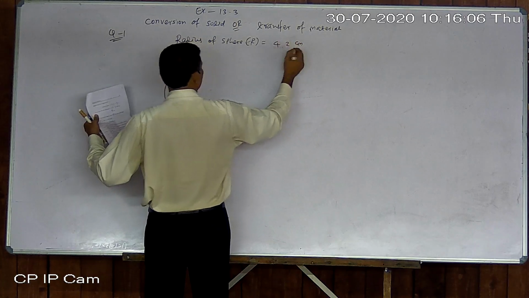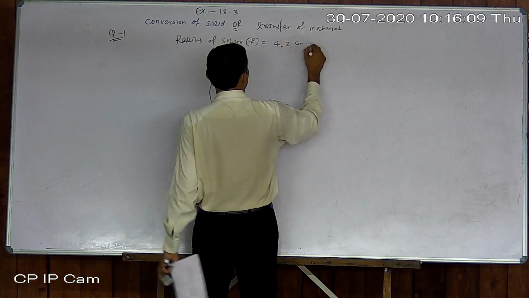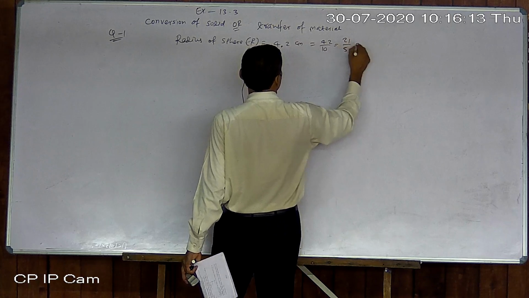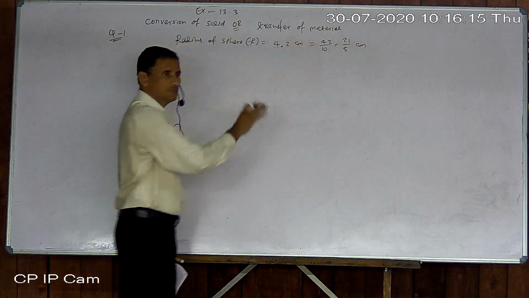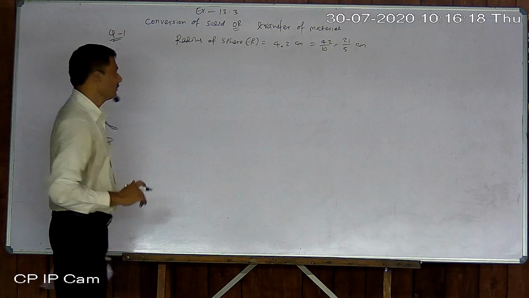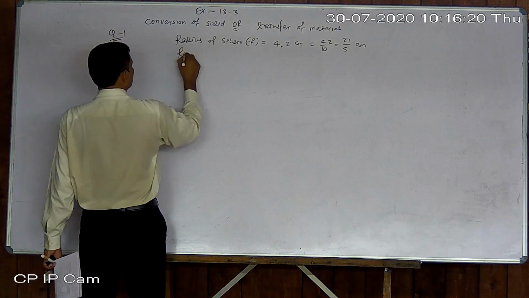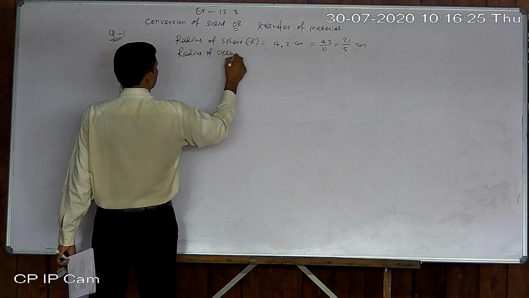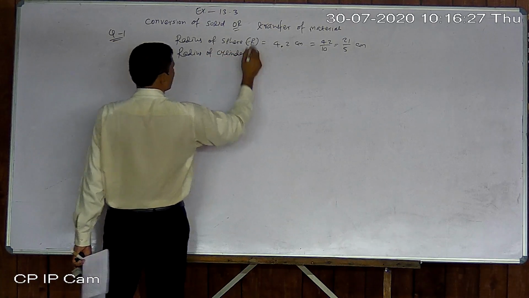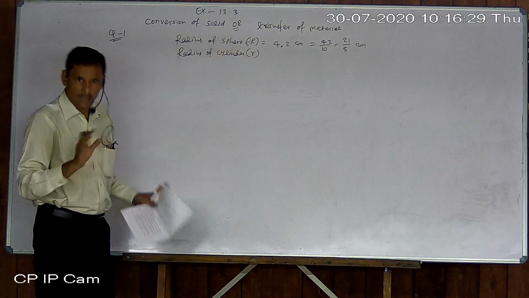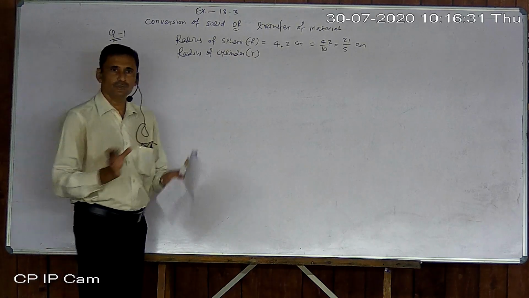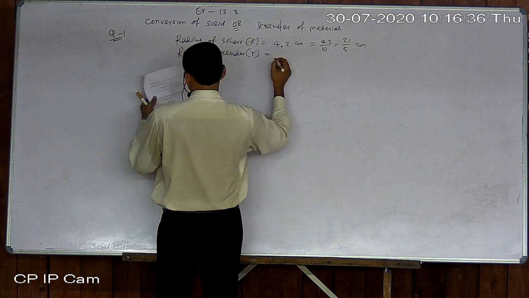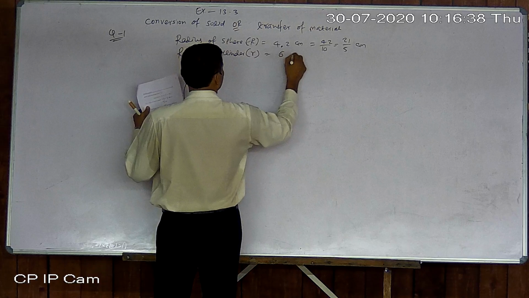If you want to convert into fraction, then you can write 42 by 10 or 21 by 5. Okay, so all extra work is finished here only. Okay, now radius of cylinder. We just suppose it small r, otherwise r1, r2. Anyway, you just suppose different symbols for different shapes. So it will be 6 centimeter.